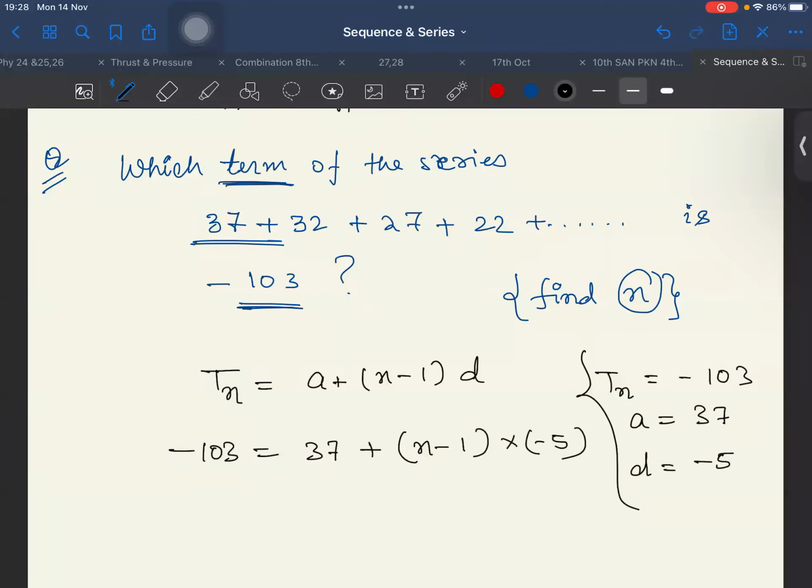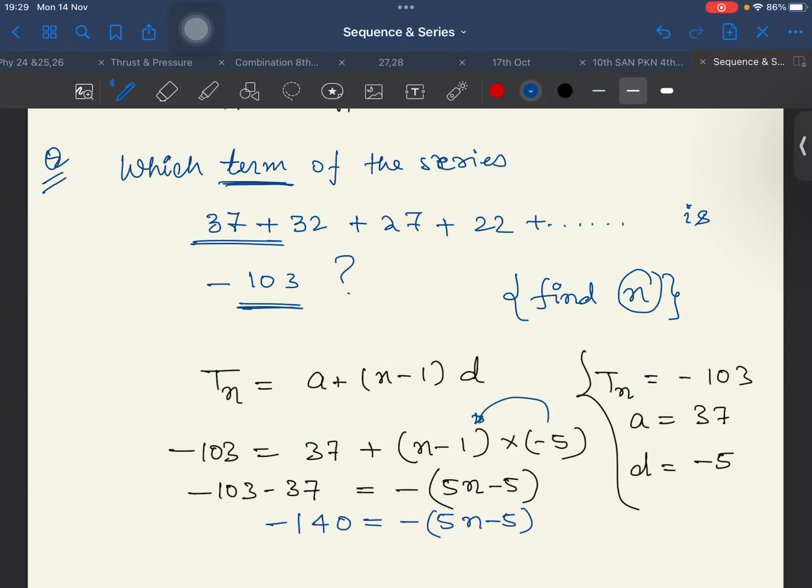Okay, so can we write this as minus 103 minus 37 is equal to minus 5n minus 5? Yes, we can write like this. Just think about it for a minute. So this is how much? Minus 140 is equal to minus 5n minus 5. See here, I just multiplied 5 inside and took minus in front, and I have taken this to this side.